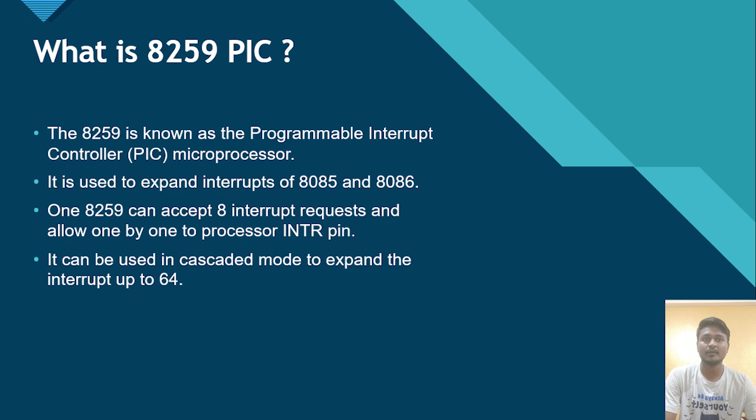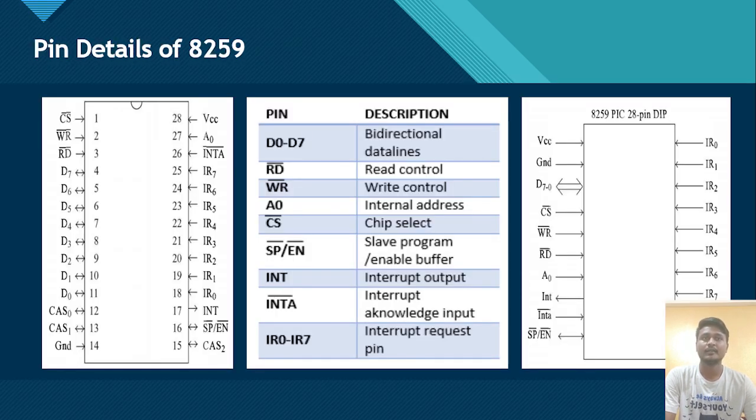So using 8259 we can expand the interrupts of 8085 and 8086. One 8259 can accept 8 interrupt requests and allow them one by one to the processor INTR pin. 8259 can also be used in cascaded mode to expand the interrupts up to 64, which we will talk about later. Now let's see the pin details of the 8259.